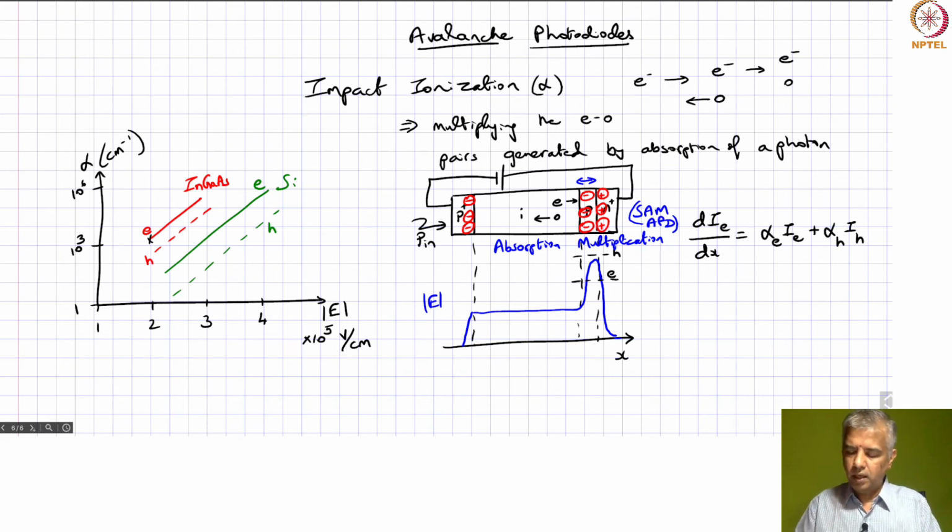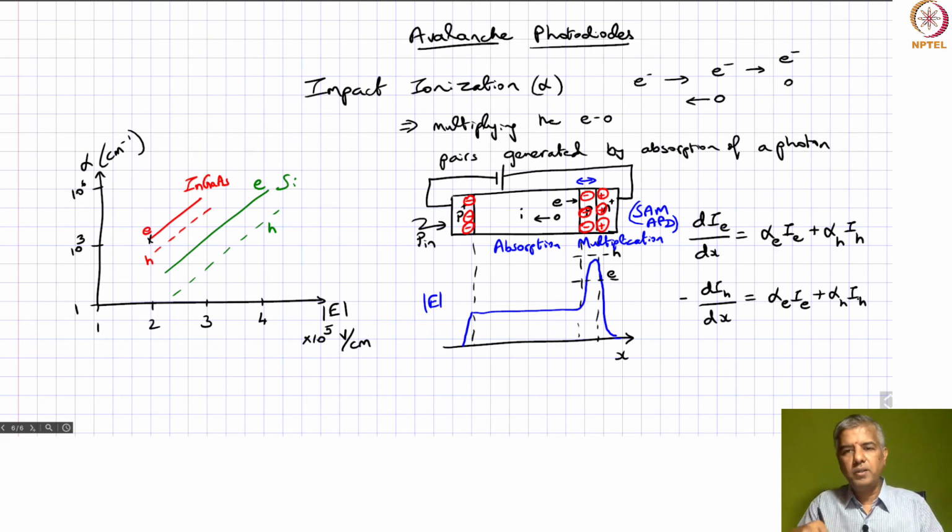Of course, like I said, this is not only generating a current due to these electrons, it's also generating a current due to holes, and that's actually going in the opposite direction. That's why there is this minus sign here, but that's also given by alpha_E I_E plus alpha_H I_H.